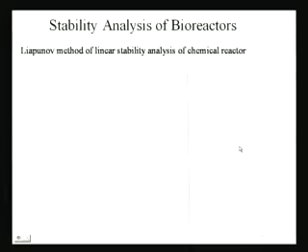The method that we use is the Lyapunov method of linear stability analysis for a chemical reactor, and you have probably used it in your control class. It was developed by Bilous and Amundson. This is a typo over here, it should be Amundson, 1955.